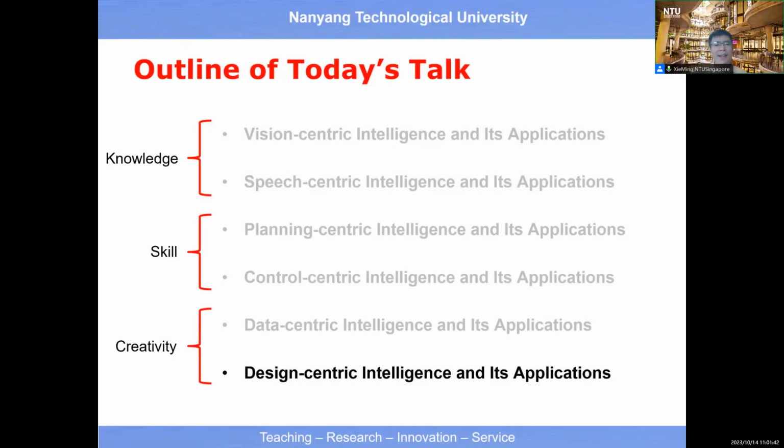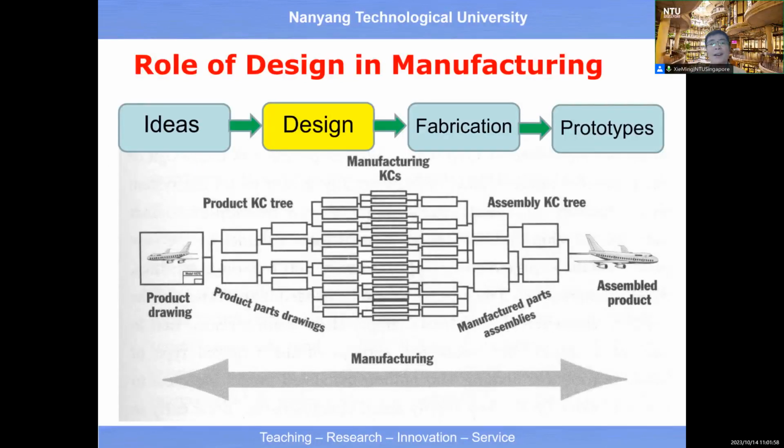And then the second category of creativity-centric application should be design. Design may mean design of a product, design of a system, and eventually composition of music, etc. And strictly speaking, manufacturing actually includes three important phases: design, production, and marketing and sales.